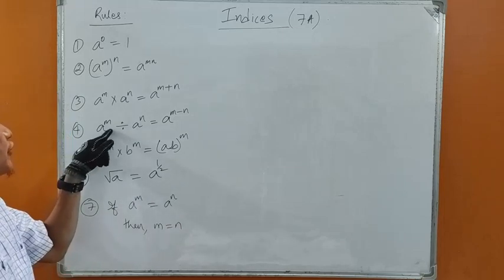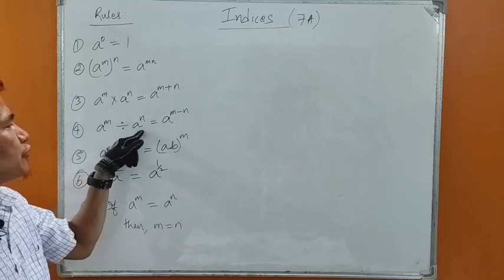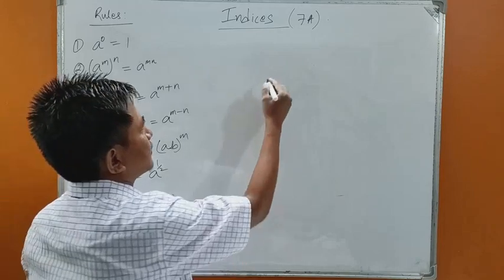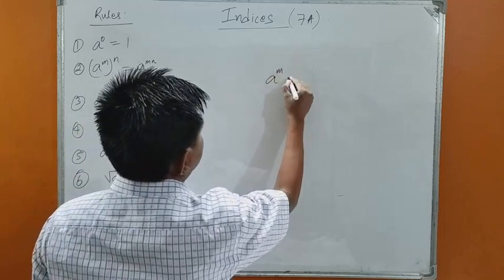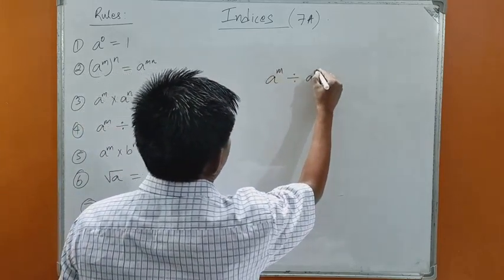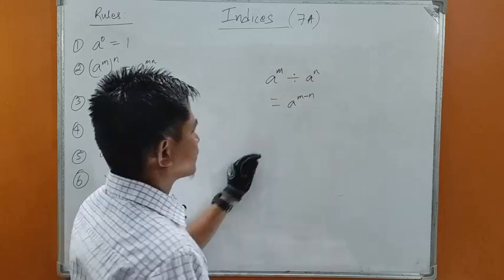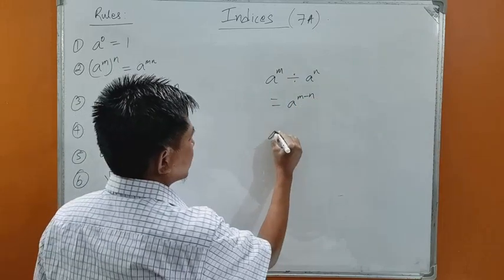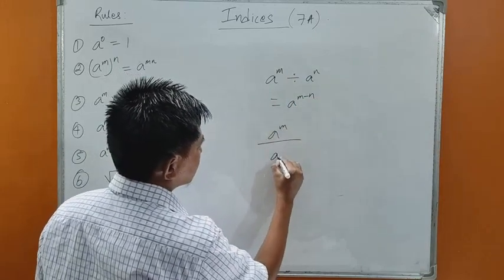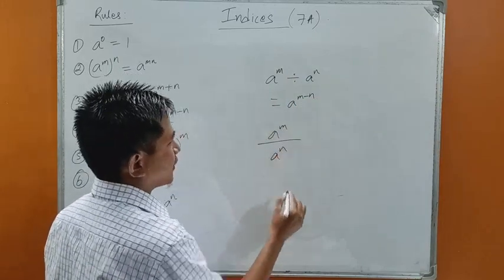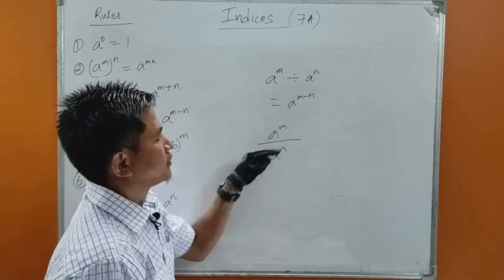The next rule is a to the power m divided by a to the power n is a to the power m minus n. This is actually a to the power m upon a to the power n, isn't it? Divide means upon.